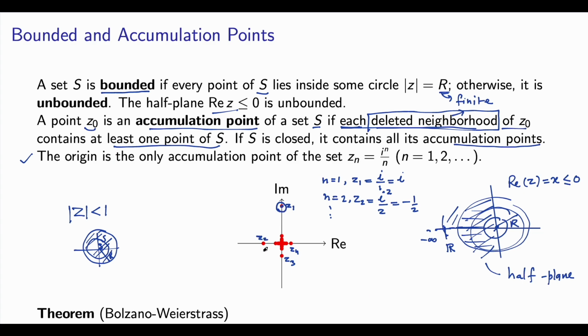Similarly for z2, I can prepare a tiny neighborhood like this, so none of the points come in the neighborhood, because we are talking about a deleted neighborhood, so we will not consider z1, z2, and so on.